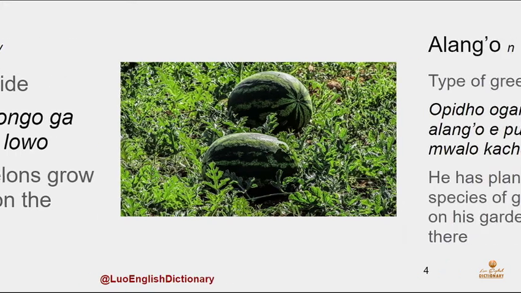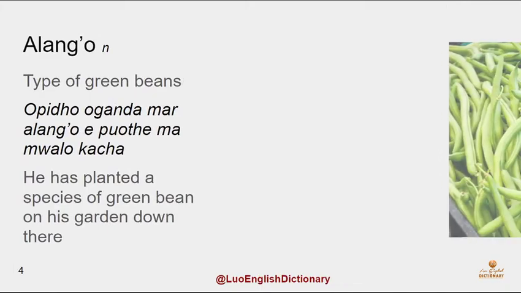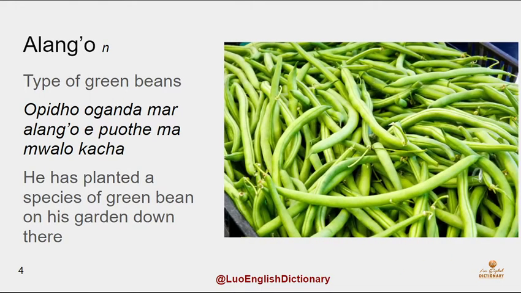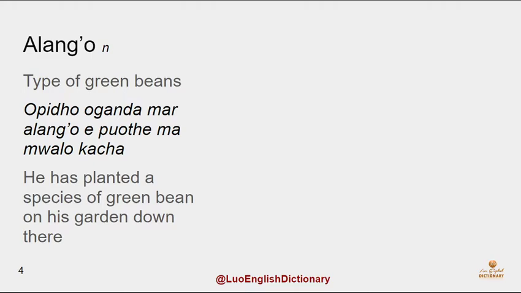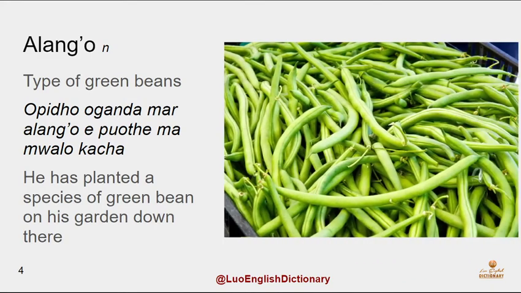Our fourth word is alang'o. Alang'o is a type of green beans. So we can say in a sentence, opidho oganda mar alang'o e puothe mamwalo kacha.